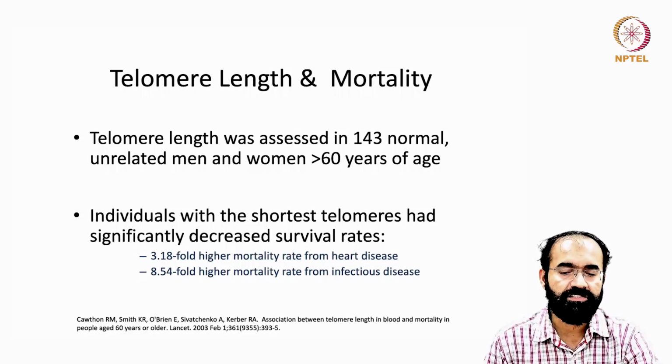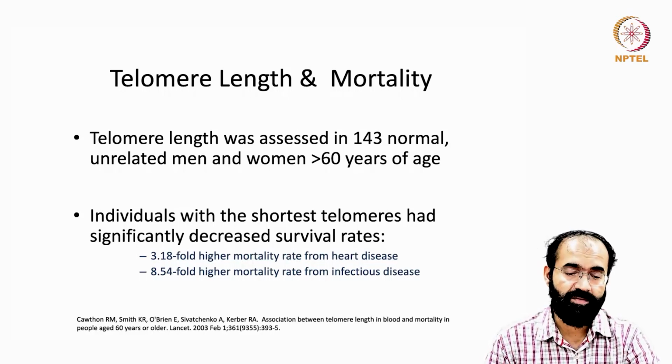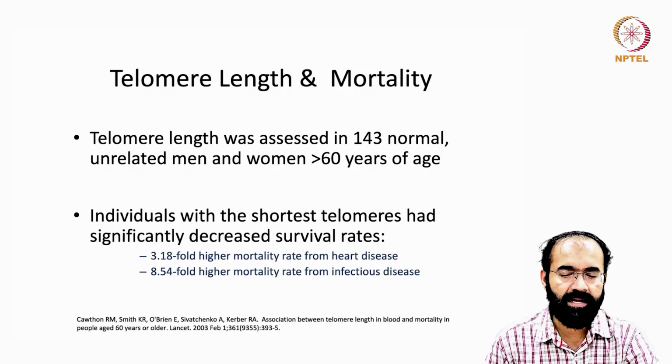Individuals with the shortest telomeres had significantly decreased survival rate, say 3.18 fold higher mortality rate from heart disease, 8.54 fold higher mortality rate from infectious disease, etc.